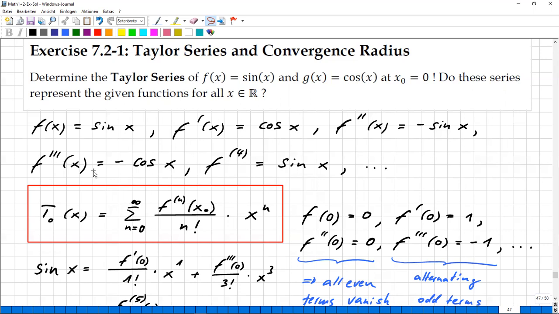F triple prime of x equals negative cosine of x, and then the fourth derivative equals sine of x again. This is the cycle we know about when differentiating sine of x. So you could say a 4 cycle. Much the same happens when starting with cosine. Also there you have a 4 cycle.